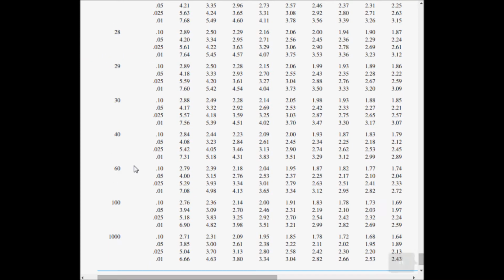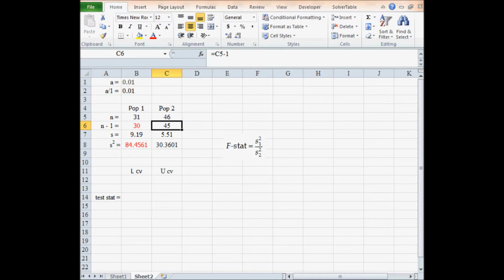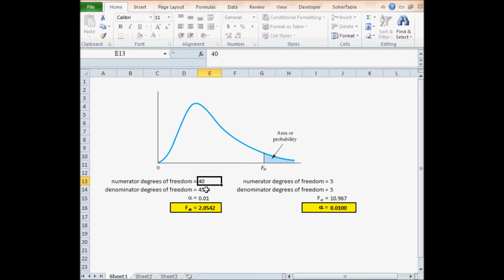We don't have a row 45. So instead of doing that, we're going to go to the F distribution calculator on my website. So denominator degrees of freedom is 45. 0.01 is the alpha level, and then the numerator degrees of freedom is 30. So 30, 45, and 0.01. So the F critical value is 2.14.